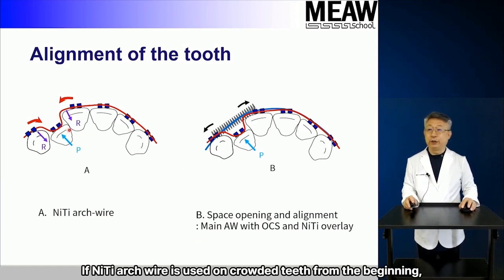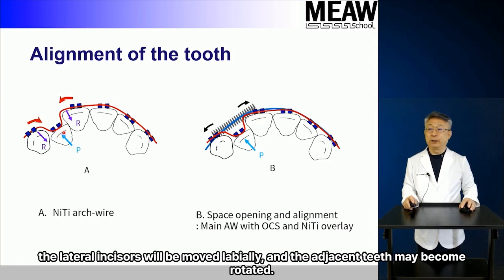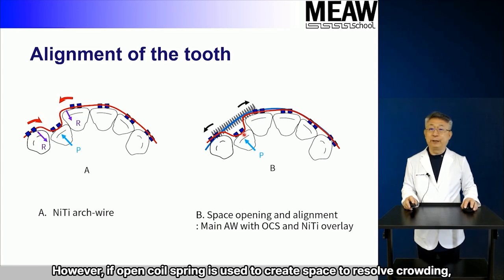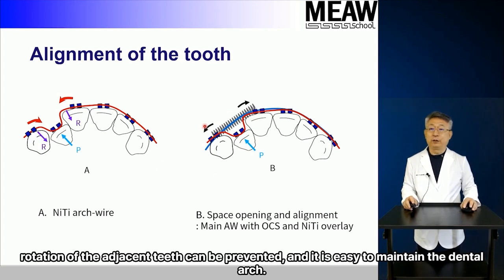If Niti arch wire is used on crowded teeth from the beginning, the lateral incisors will be moved labially, and the adjacent teeth may become rotated. However, if open coil spring is used to create space to resolve crowding, rotation of the adjacent teeth can be prevented, and it is easy to maintain the dental arch.